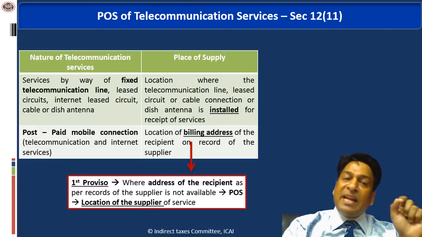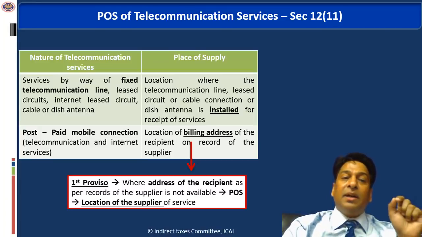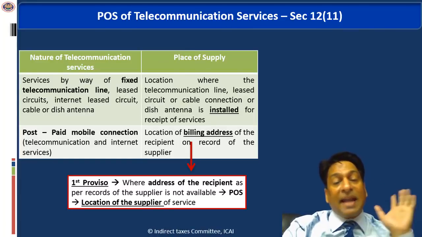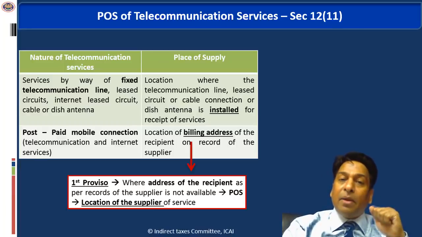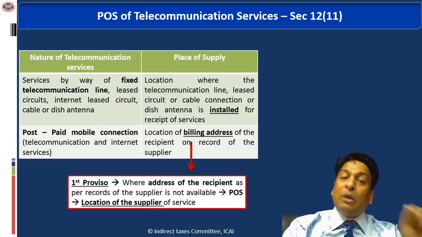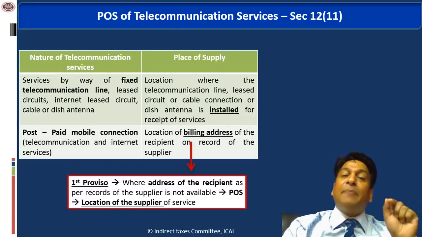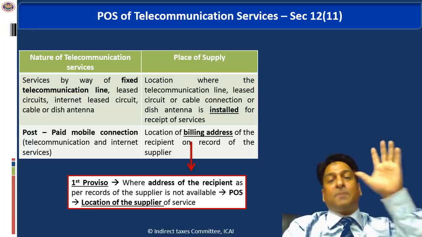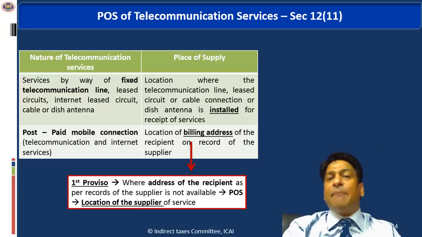If a service is being given by way of a fixed telecommunication line, what would be the place of supply? The place of supply would be the location where such fixed landline is installed for receipt of services. Let's take an example.